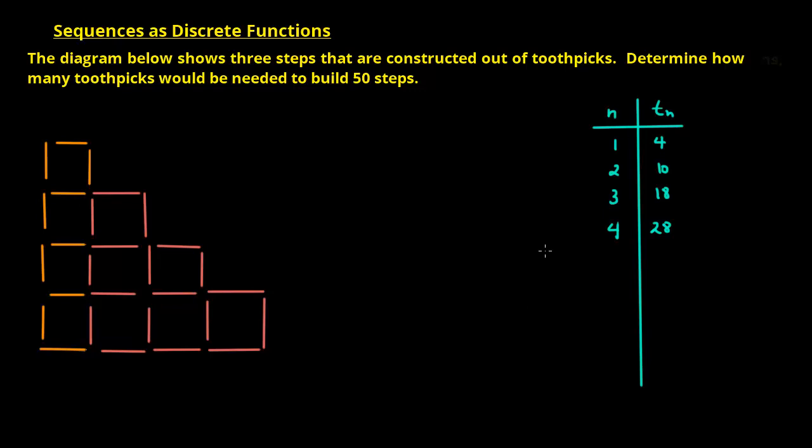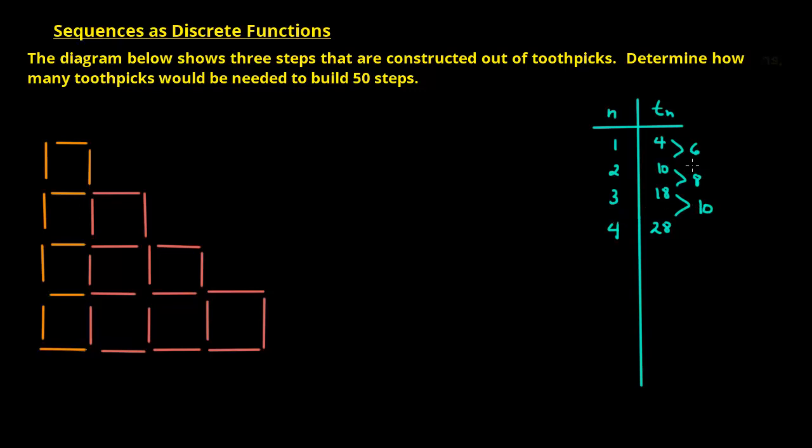So, it's kind of hard to see that there's a pattern here, but we can calculate what are called the first differences. We can see if there's a pattern between the finite differences. So to calculate the finite differences, I would do 10 minus 4, which is 6, 18 minus 10, which is 8, 28 minus 18, which is 10.